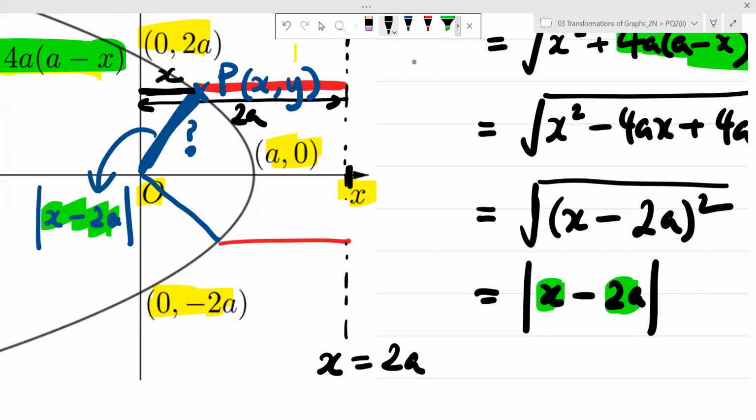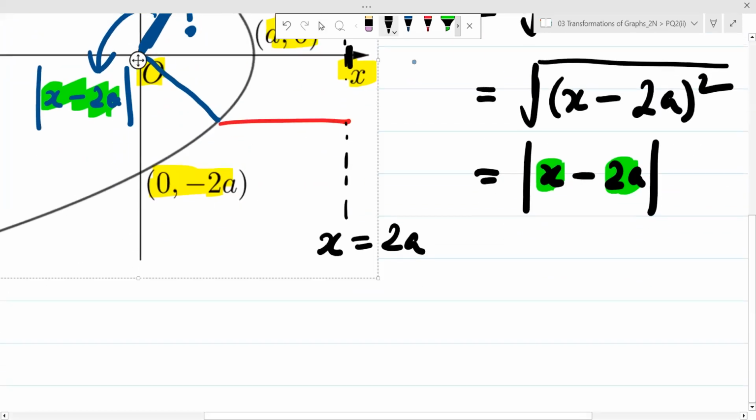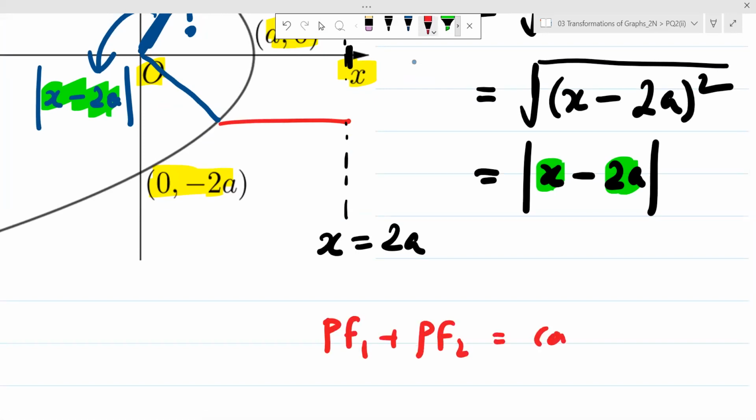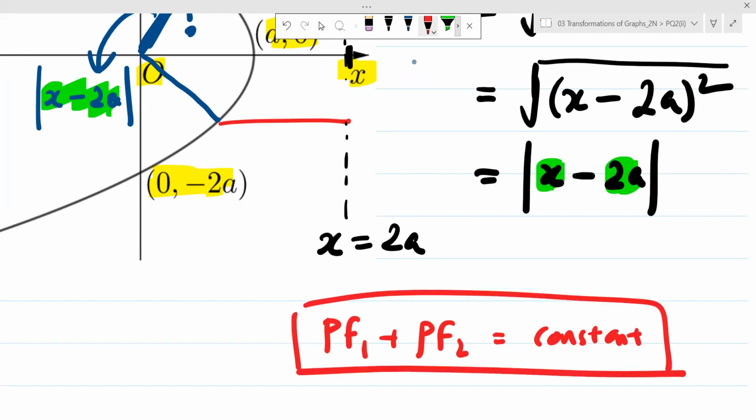Okay, if you recall from PQ7 in curve sketching, remember this thing? Right? Then I mentioned something about how you can construct ellipse using 2 pins, a taut string, and a pen.